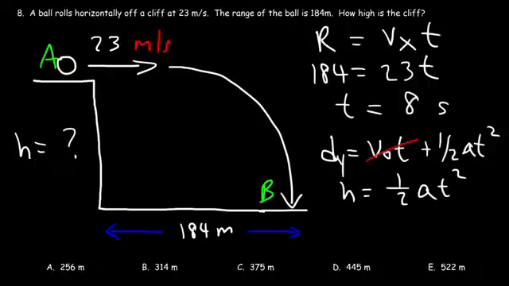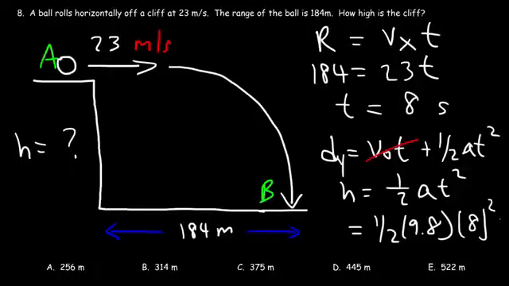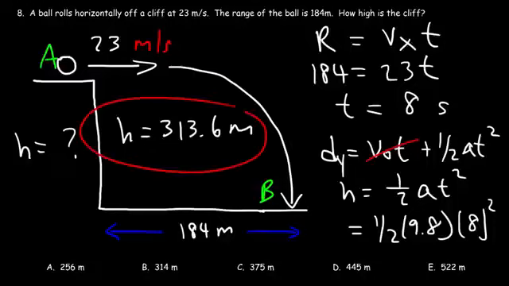Now dy is technically negative, and a is negative, but the two negative signs will cancel. So this is just going to be 1/2 times 9.8 multiplied by 8 squared, which is the time. So the height of the cliff is 313.6 meters. So this is the answer.